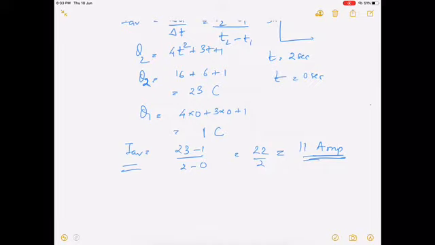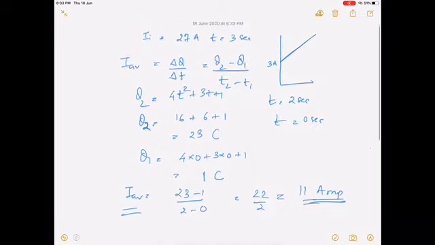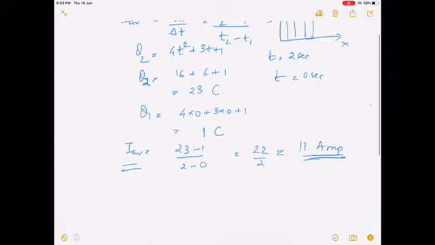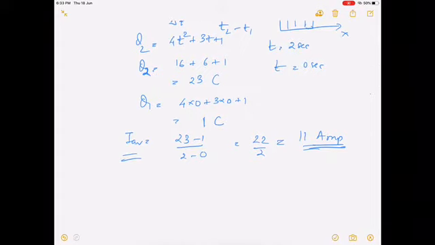See children, the average value comes out to be single, that is 11 amperes between time interval 0 to 2 seconds, whereas in case of instantaneous current we get a straight line, and at any time we can find the instantaneous value of current. Got it? This should be clear. I discussed this problem so that the instantaneous and the average value of current should be very clear to you all.